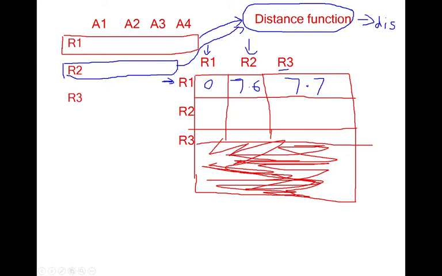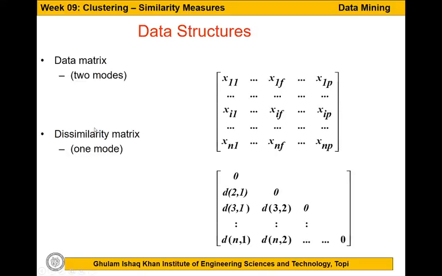A one mode matrix where on the x-axis and y-axis we only have records, and each cell of the matrix represents the distance between the entities r1, r1, r2, r1, r3, r1, right? And this is called a one mode matrix or dissimilarity matrix. And as you can see, it is always symmetric, right?